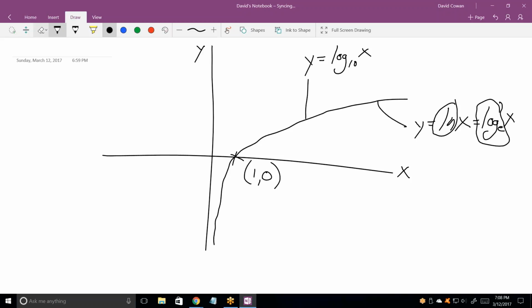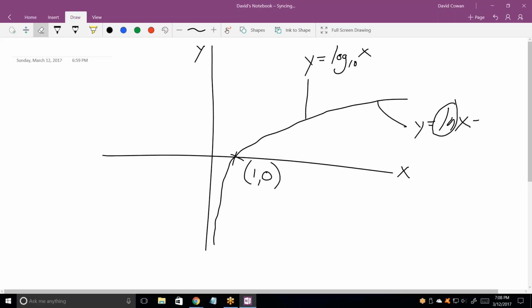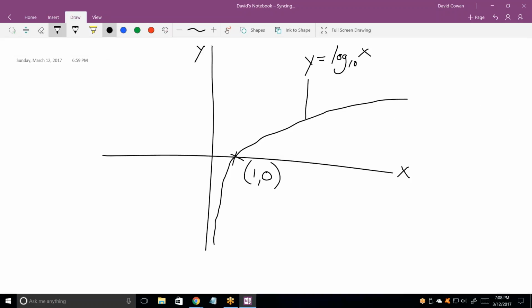Now, when I say that all log functions look pretty much the same, well, unless it's y equals log of x minus 2, and then that's a vertical shift down.